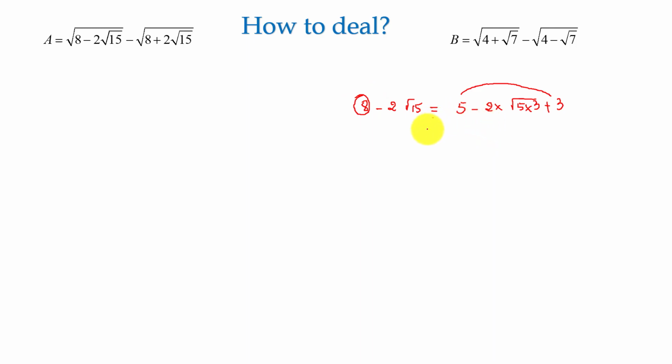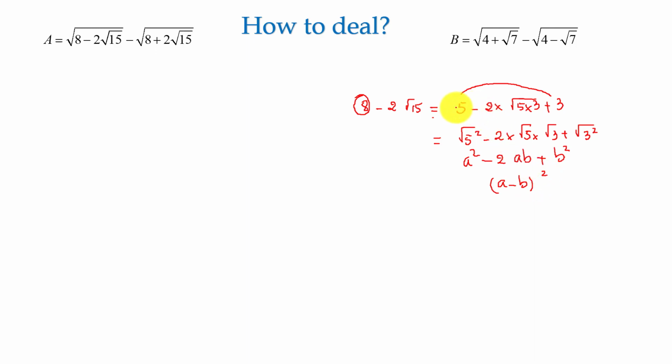So I can write square root 5 squared, minus 2 times square root 5 times square root 3, plus square root 3 squared. And we use the identity a squared minus 2ab plus b squared, we get a minus b all squared.